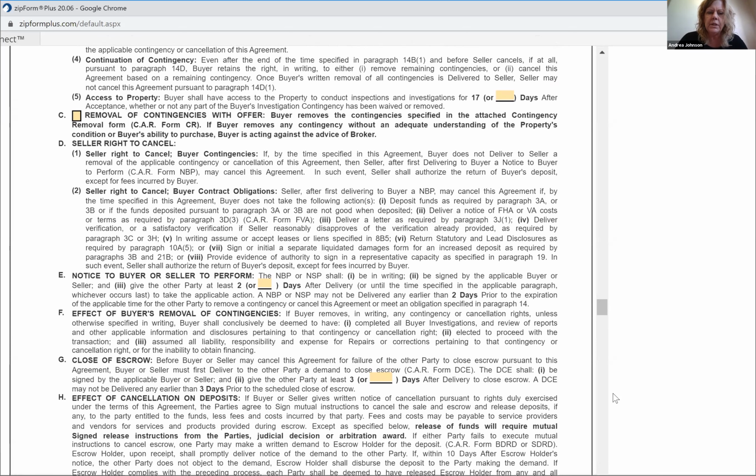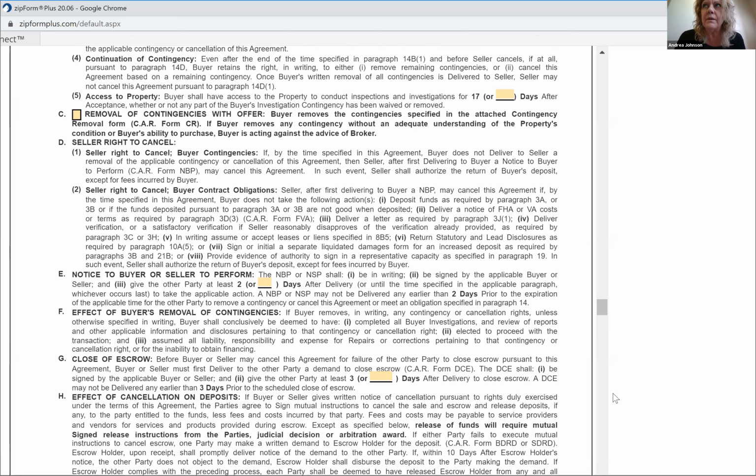Now, continuation of contingency: there is no passive contingency removal in the California Residential Purchase Agreement. We agree upon the timeframes that are enforceable, but the passage of those timeframes does not in itself remove the contingency. So even after the end of the time specified in 14B1, which is the buyer inspection timeframe, and before seller cancels, if at all, and that'll be pursuant to 14D, which we're getting to, buyer retains the right in writing to either remove the remaining contingencies or cancel this agreement based on a remaining contingency.